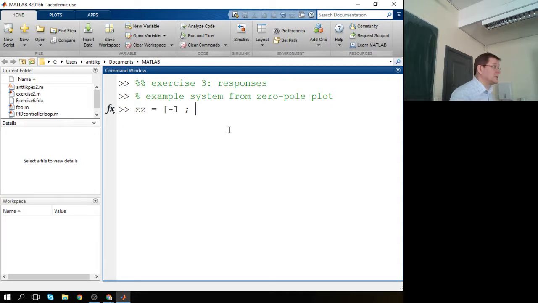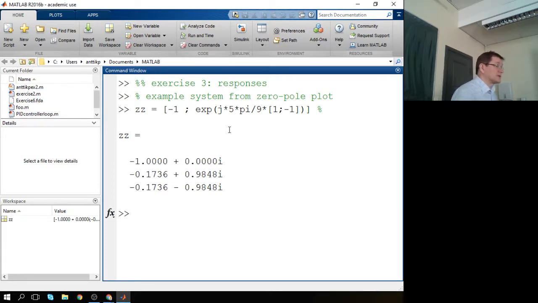Then I have on the unit circle j times the angles: j times 5 times pi divided by 9, and plus and minus j, because I have that one. Okay, I think this will do it. Those are the zero points.